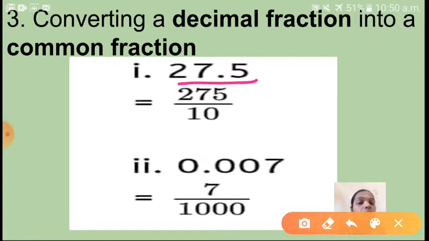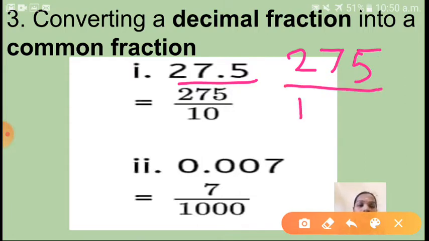The first step is, you have to ignore the decimal point. If you ignore the decimal point, what will come? Yes, 275. Upon that, in the denominator place, you have to write 1.